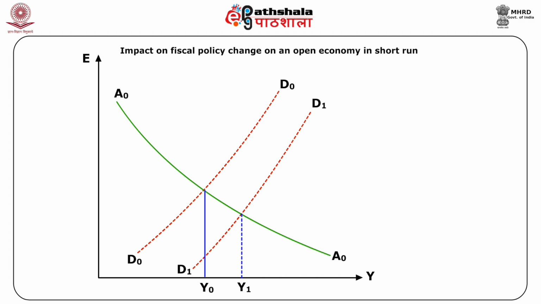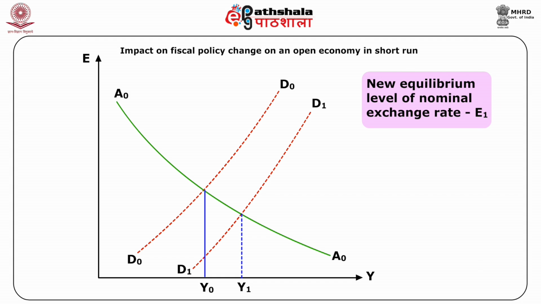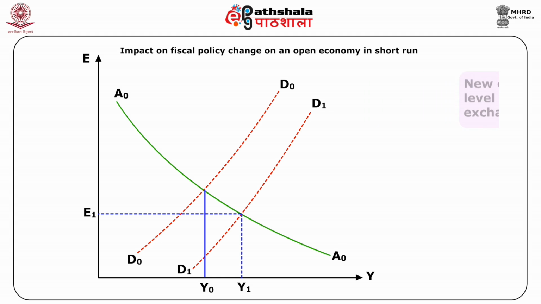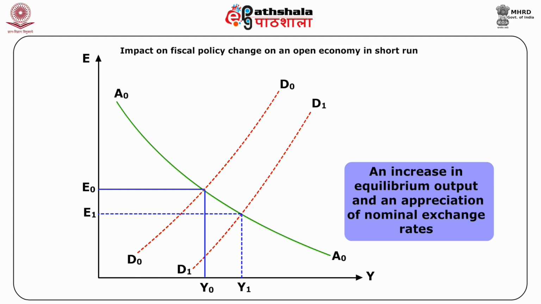Given the world interest rates, expected exchange rates, and foreign price level, this will increase the demand for domestic currency, making the nominal exchange rate appreciate. The new equilibrium level of nominal exchange rate is E1. Thus, with the fiscal expansion, there is an increase in equilibrium output and an appreciation of the nominal exchange rate.